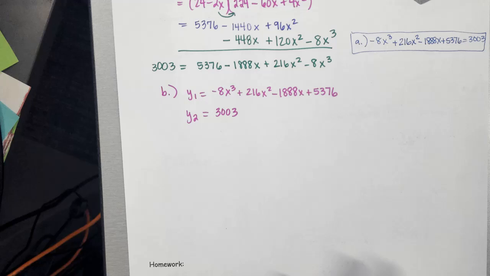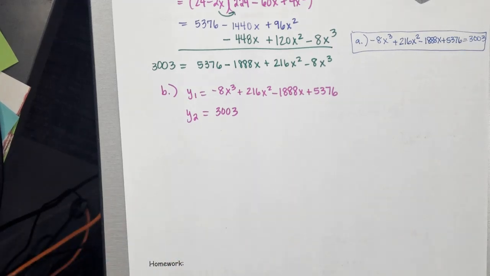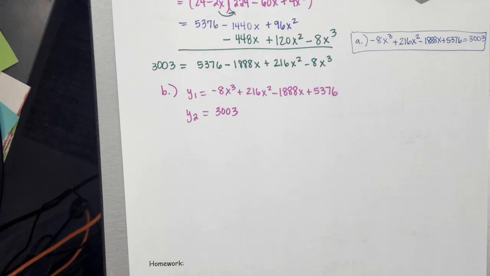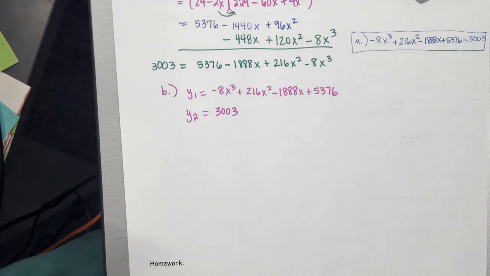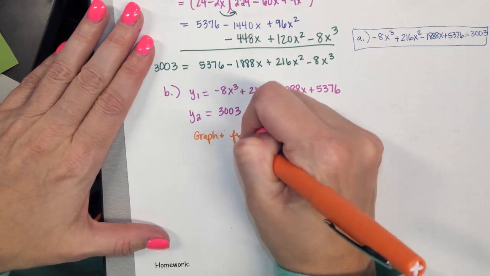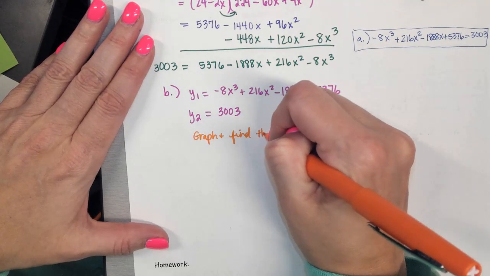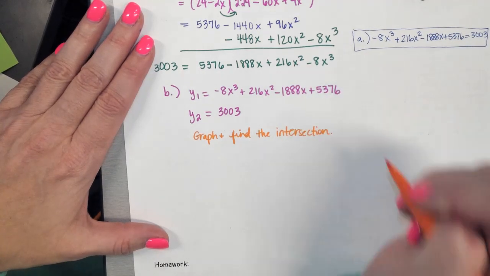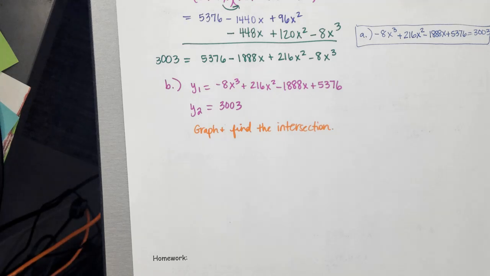And when you are graphing these 2 equations, do you guys remember how you can find the solution on your graph? You're going to graph and find the intersection. Okay, so where they meet, that is going to be your solution.